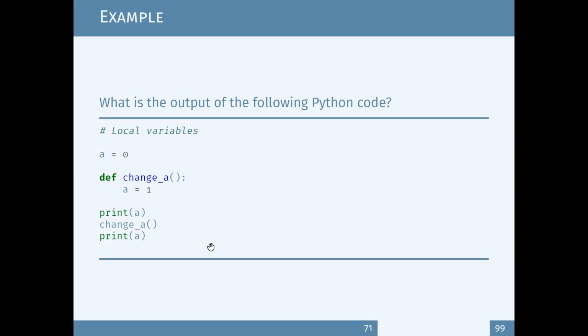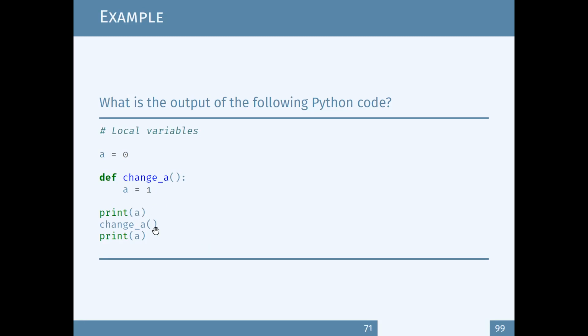You can find there's a variable A. Initially, we set it to 0. There's a function called changeA with no parameters, but within the function you change A to 1, right?